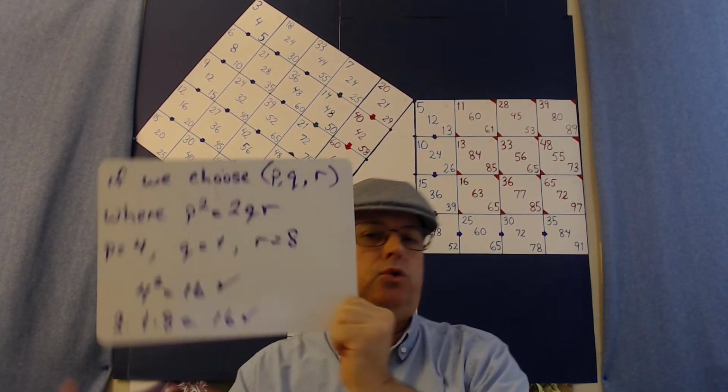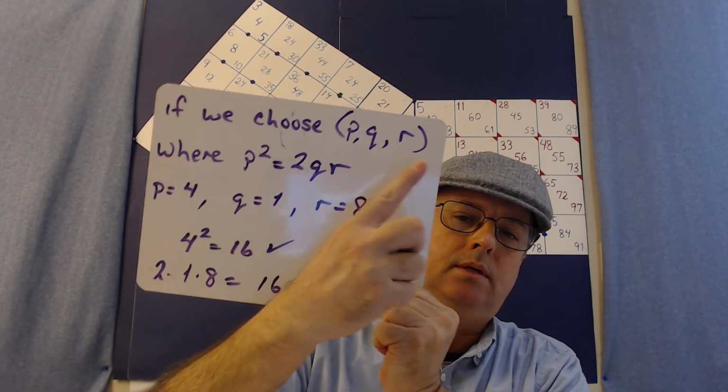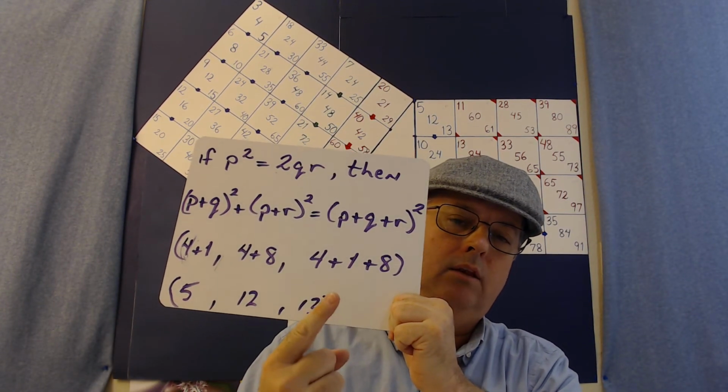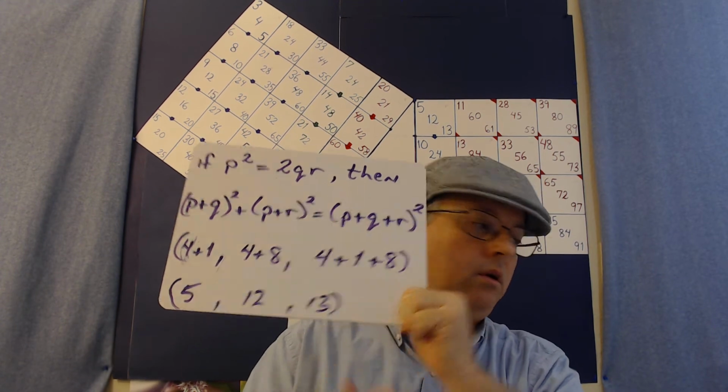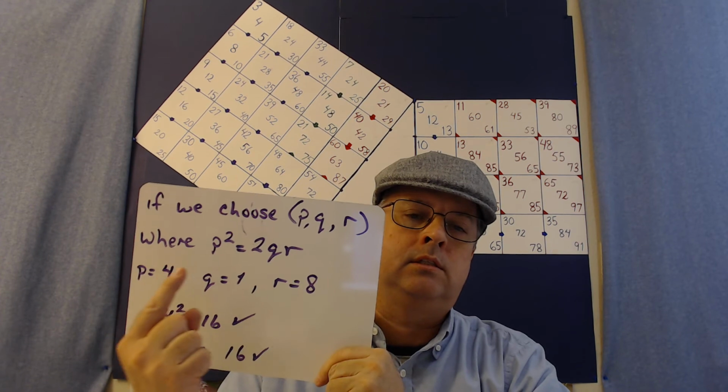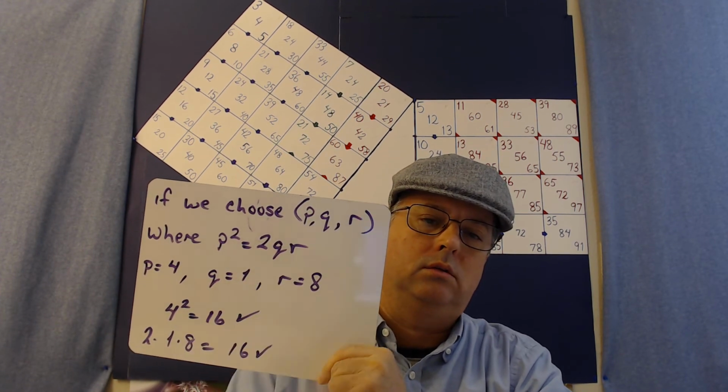But maybe we can do something with it. Because what's happening here is we have to choose a triplet of values to get a Pythagorean triple. You need 3 values to get 3 values. And those 3 values have to fit this certain condition.